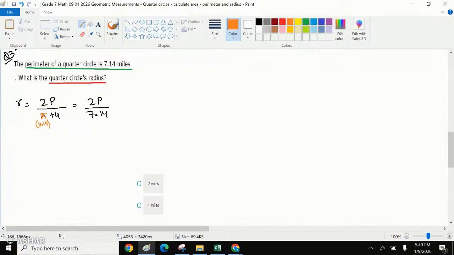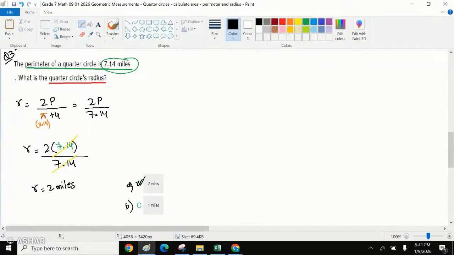Rather than writing it again and again, we can directly write 3.14 as well. So option A or option B? When we substitute the values into the formula, can I write 2 times the perimeter divided by 7.14? And the perimeter given to us was 7.14, so we can simply cancel it out. Thank you for the answer. It is 2 miles, right?